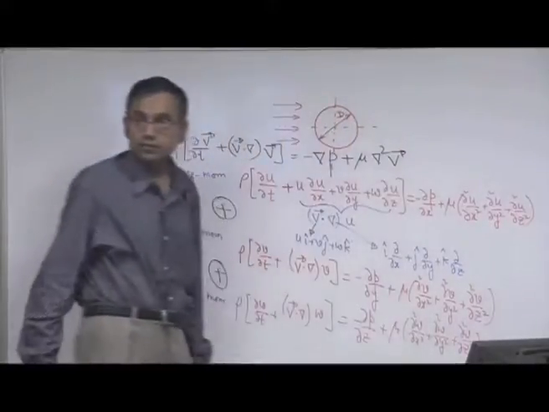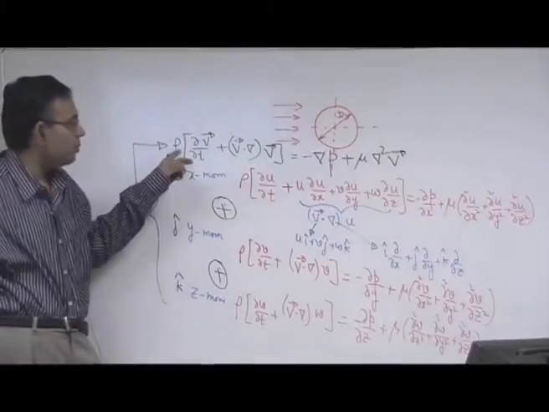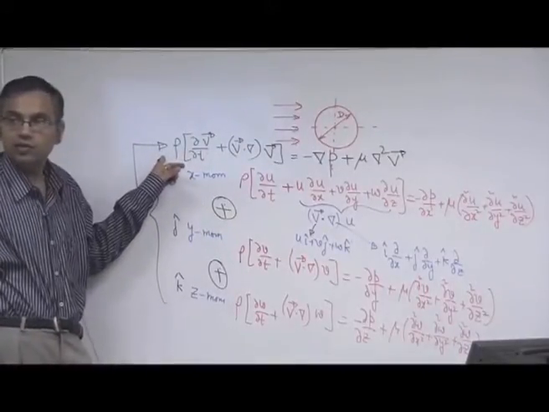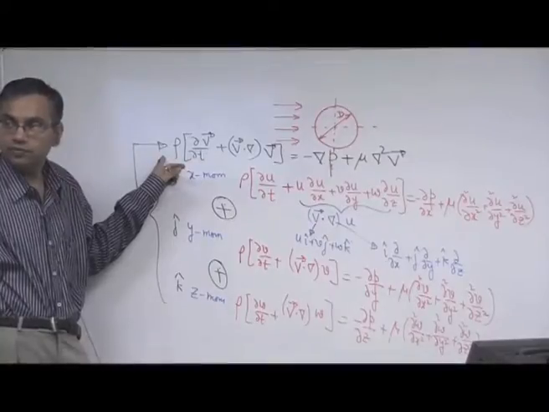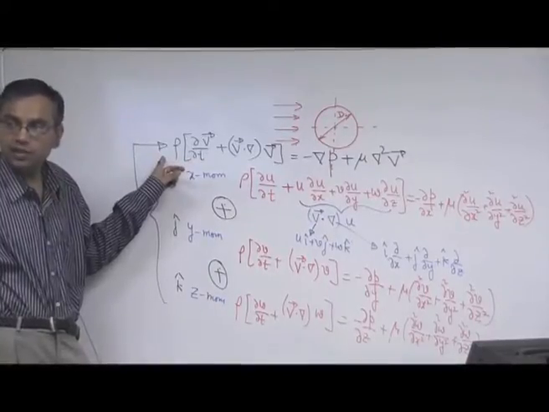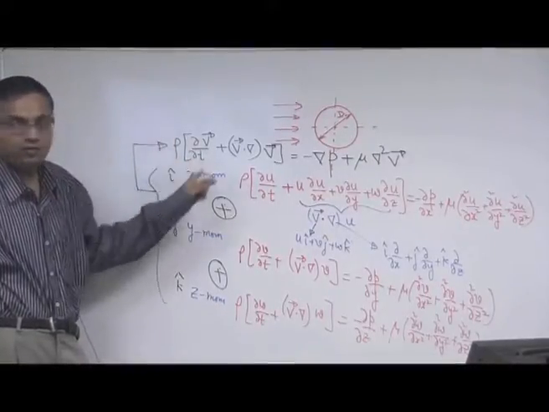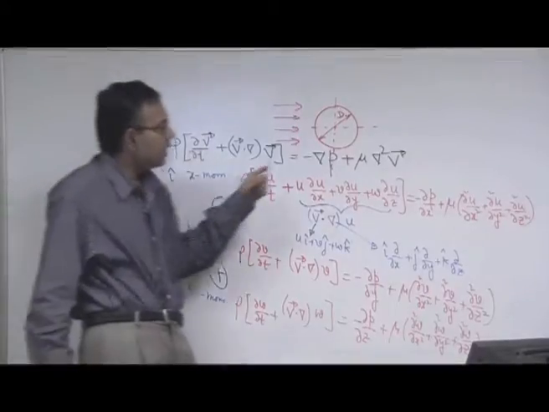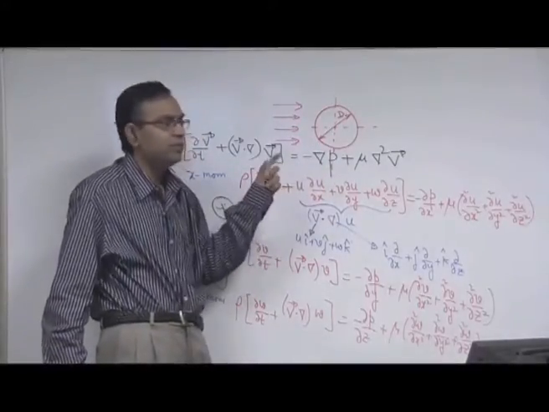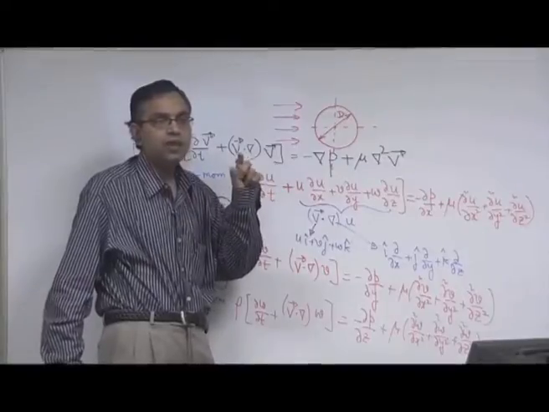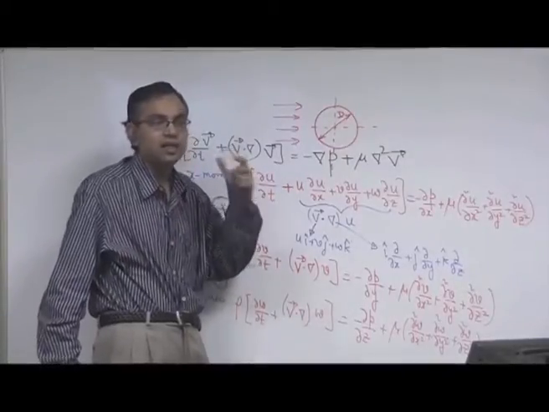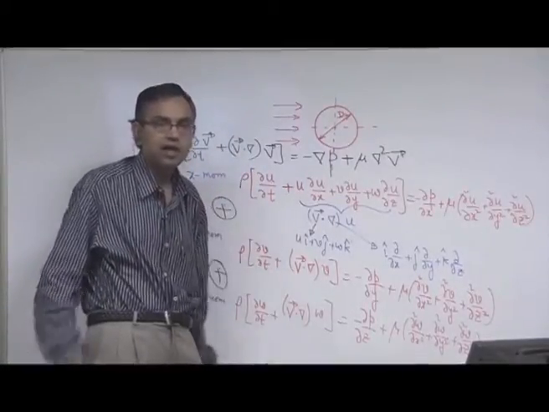So, this is a compact way of writing the Navier-Stokes equation in vector form. We have seen how to write it in index notation. Writing that in vector form, like index form, is very much specific to Cartesian nature of the indices.